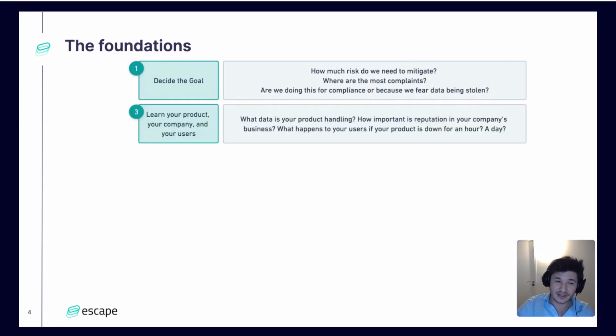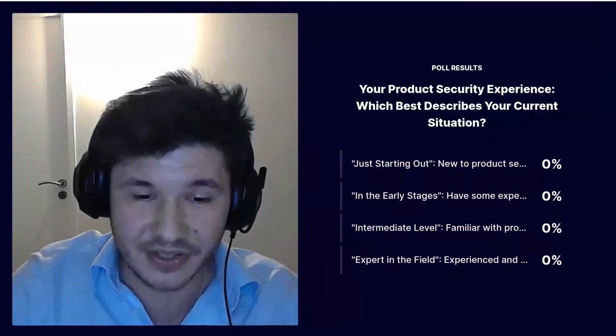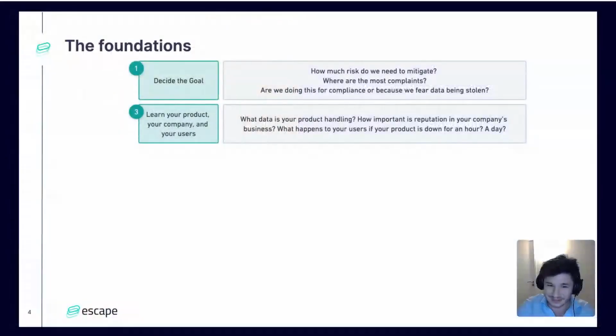The second thing that is important is learning and understanding your product, your company, and your users. Especially, you must become an expert in understanding how your product, your company, your internal developers, people inside of your company, and your users all interact together to use your product. If you're not able to answer the questions, what data is your product handling?